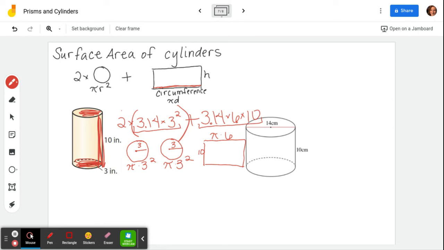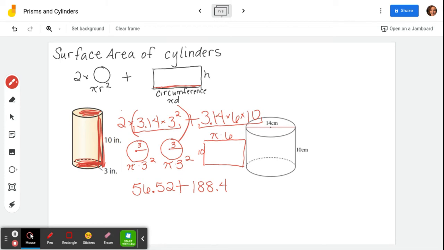I've got, let me pull up my calculator, 2 times 3.14 times 9. The circles have a total area of 56.52, plus the rectangle, sorry, another bell, it's for the 8th graders to go to lunch, 3.14 times 60 is 188.4.